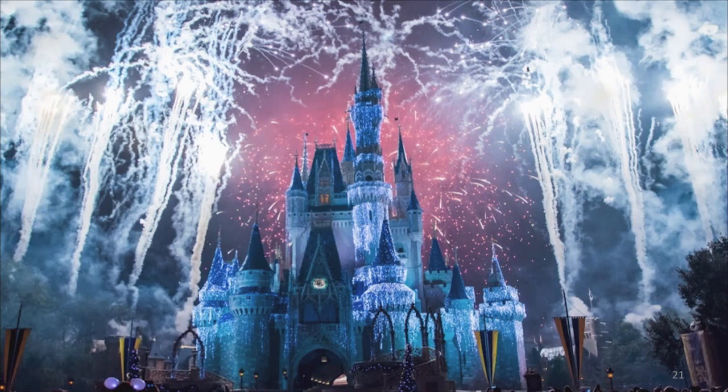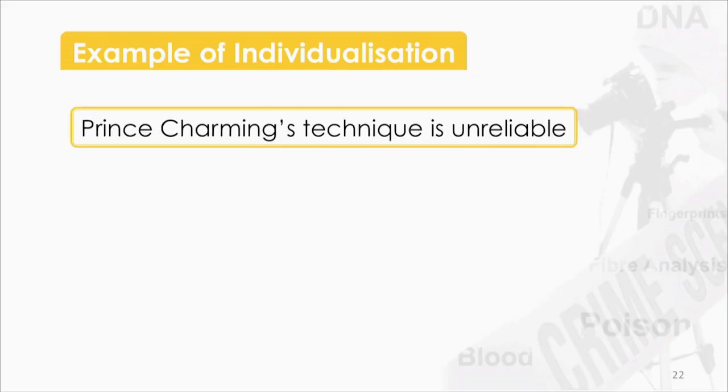Of course, nowadays we know that this technique of finding out whose foot would fit into the shoe is really not very good. And if you read up about what happened in the O.J. Simpson trial, and of course if you watch the associated Seinfeld episode, you will know this is not a very reliable technique.